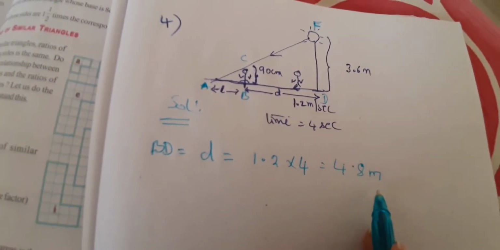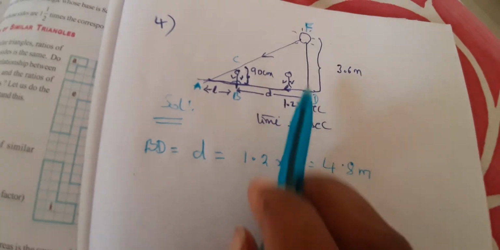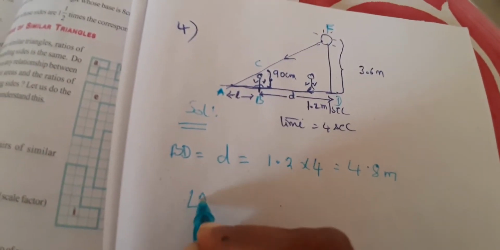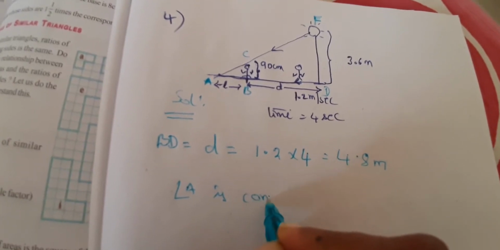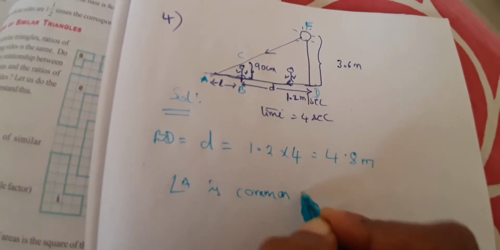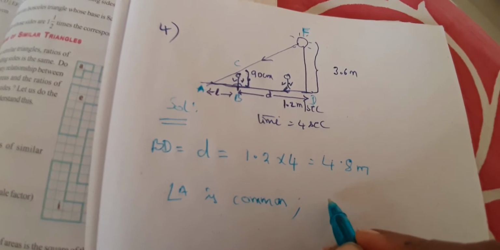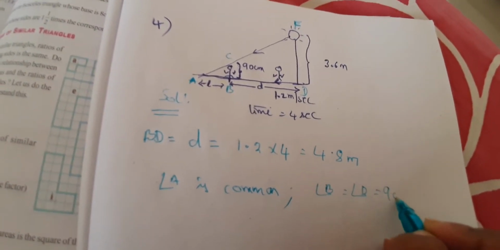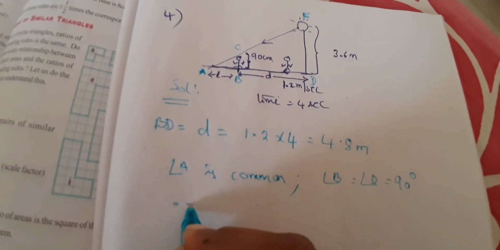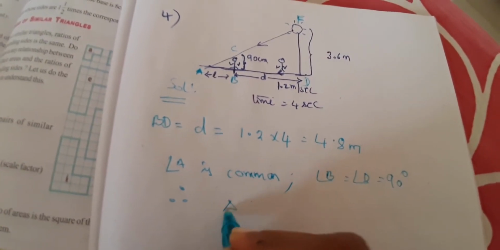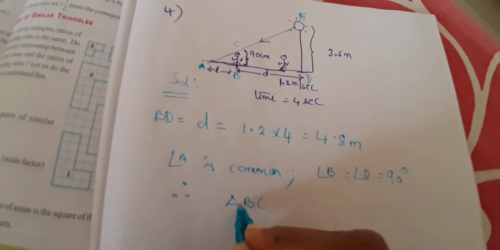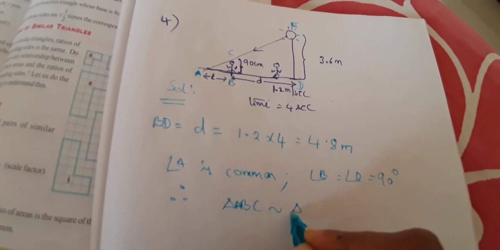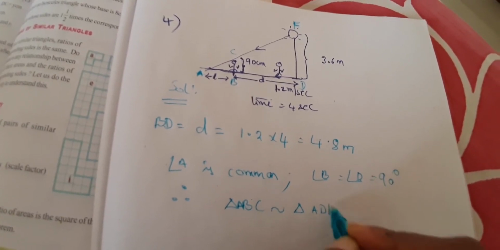We got it. Now you have the FD value and the CB value. So angle A is common. Always you have to write the statements. And then angle B is equal to angle D is equal to 90 degrees. Therefore, triangle ABC is similar to triangle ADF.